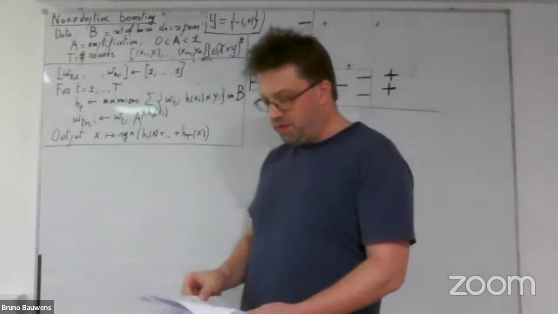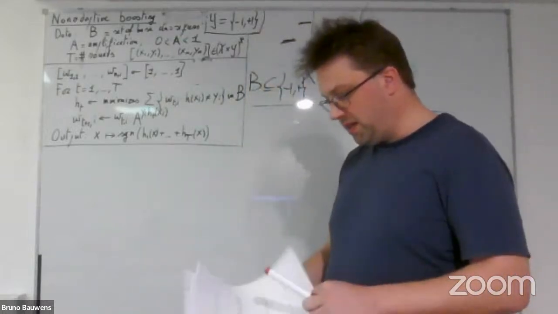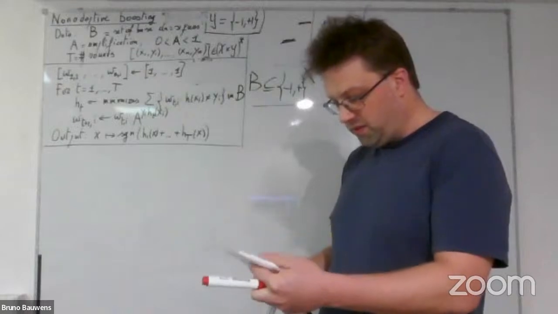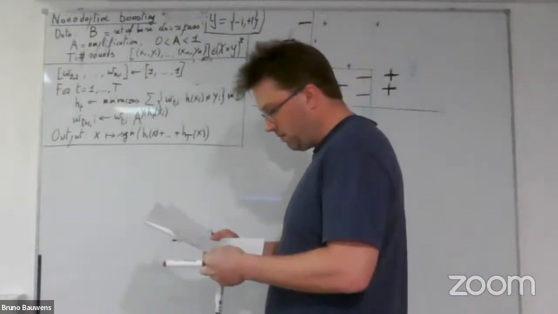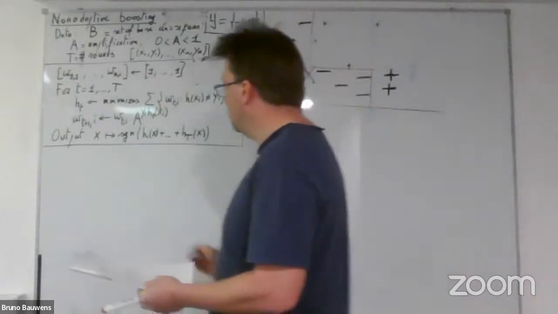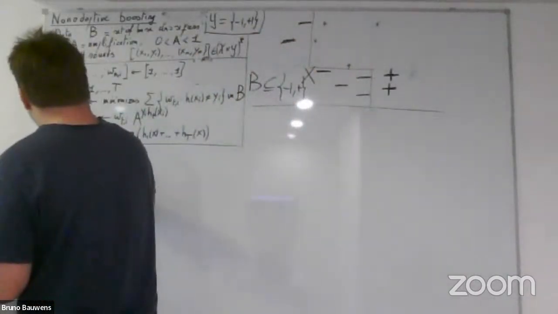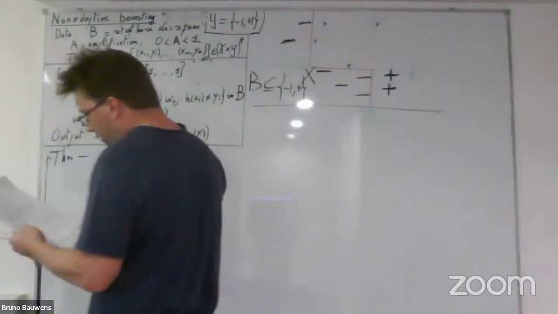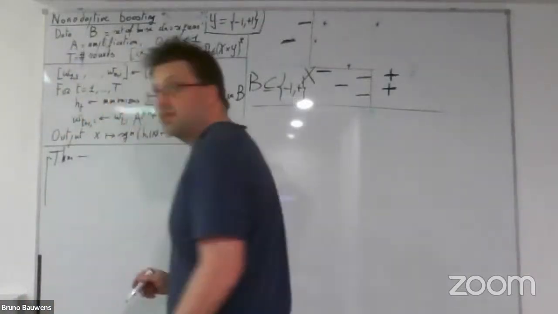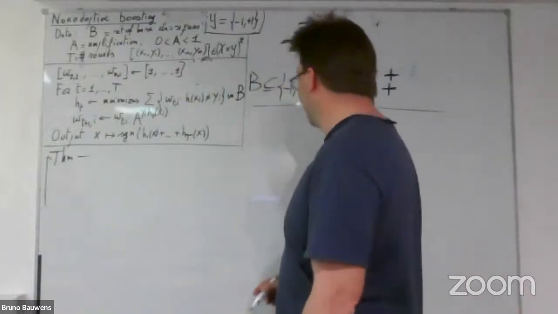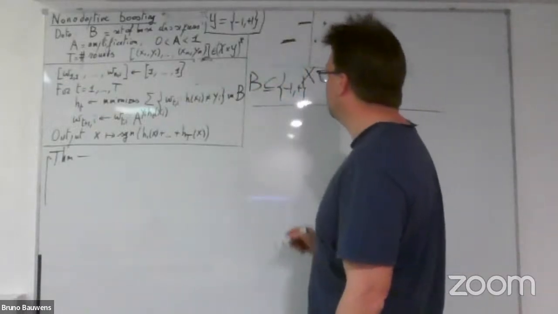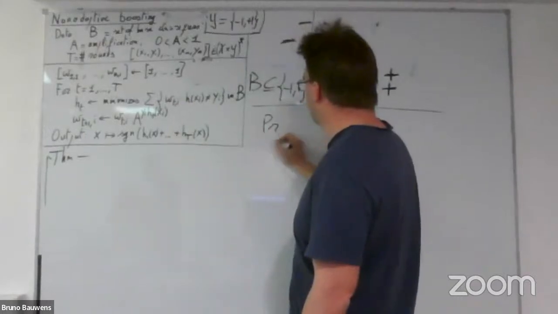So let me write down the theorem and have a careful look so that I don't make any mistakes. So theorem here. So first let us use this notation that we had last time again.